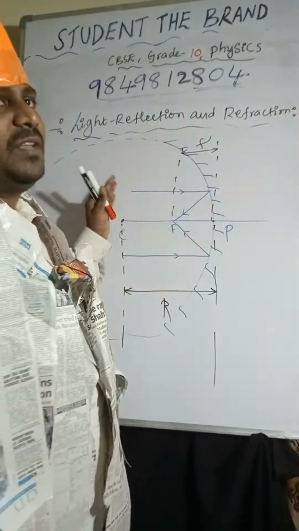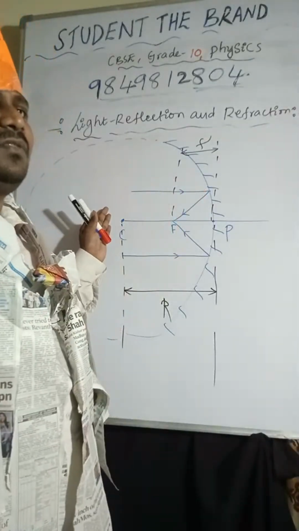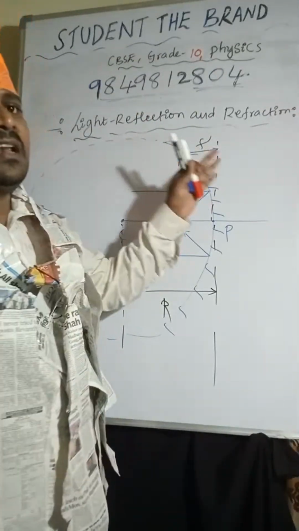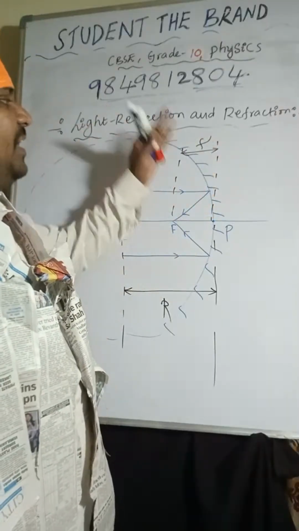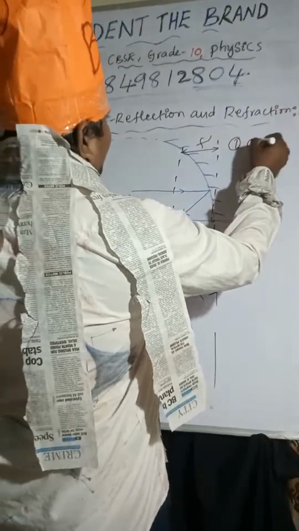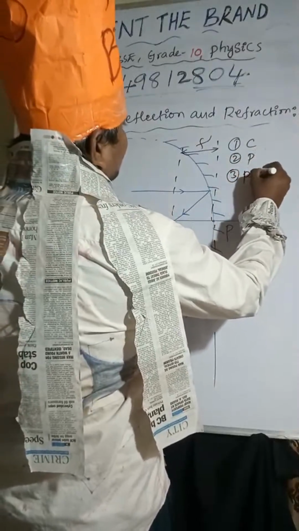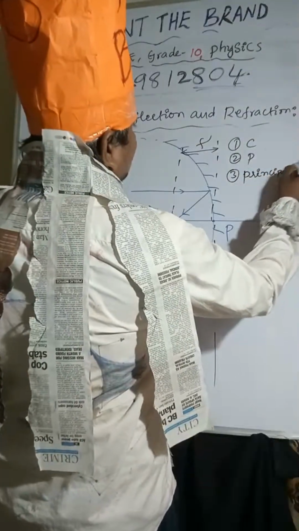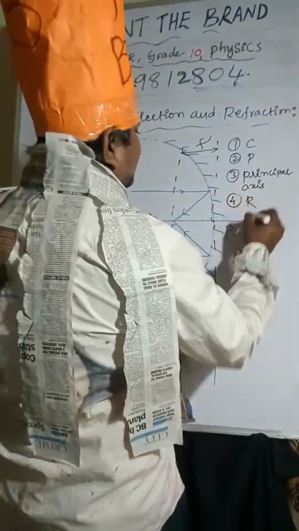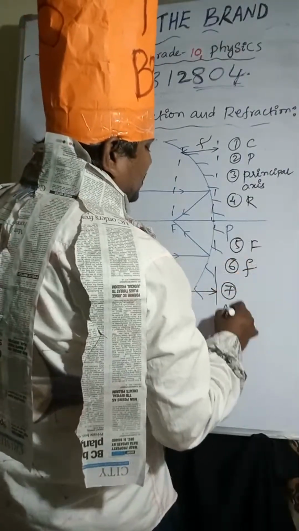So, the first point is C, the second is the pole, the third is the principal axis, the fourth is the radius of curvature, the fifth is the focus, the sixth is the focal length, and the seventh is the aperture.